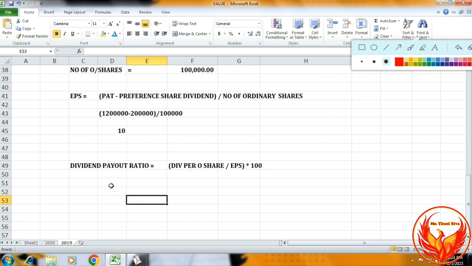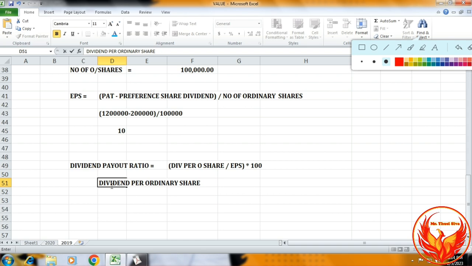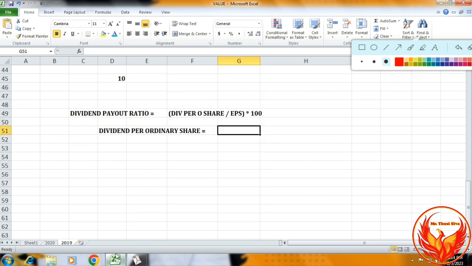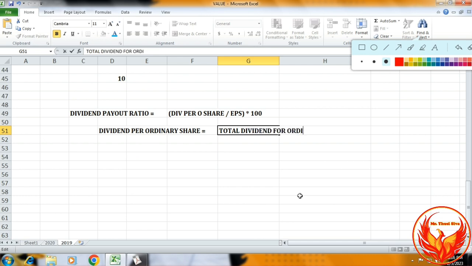Now we have to find the dividend per ordinary share. Dividend per ordinary share equals the total dividend for ordinary shares divided by the number of ordinary shares.